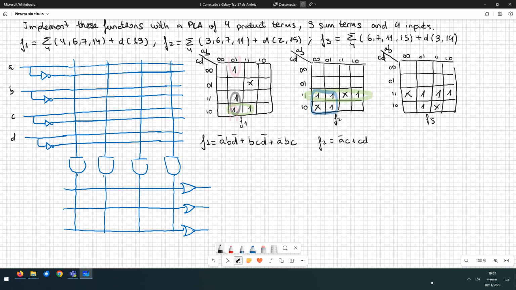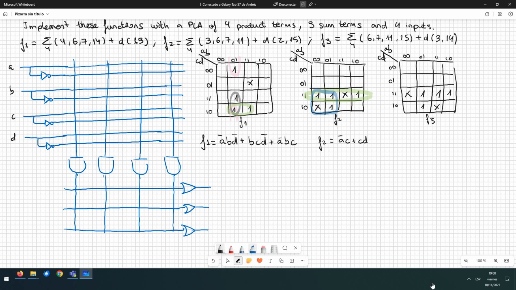They are product terms and not min terms because not all the variables are included in the product term. So if when speaking I make some mistake, just take that into account. We have essential prime implicants that are product terms, not min terms.